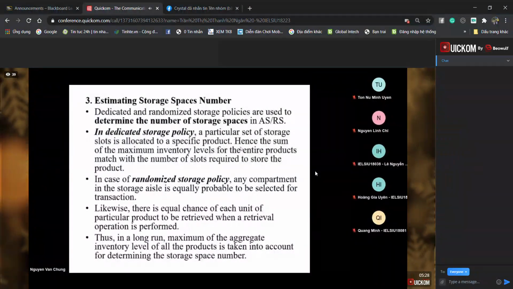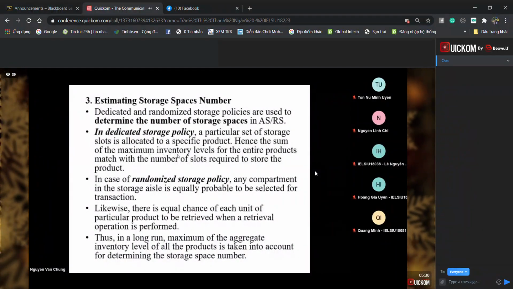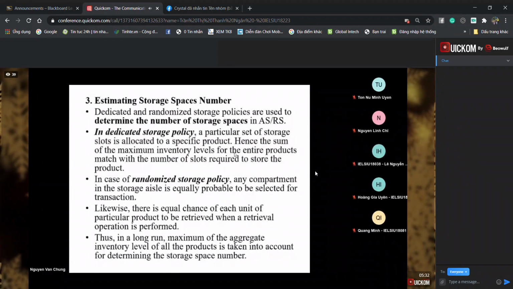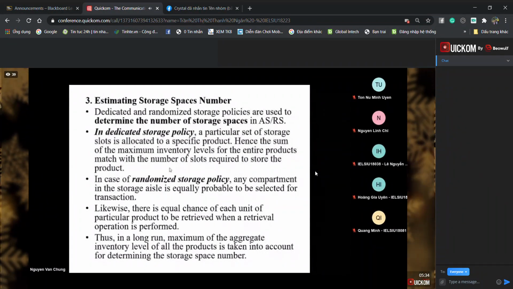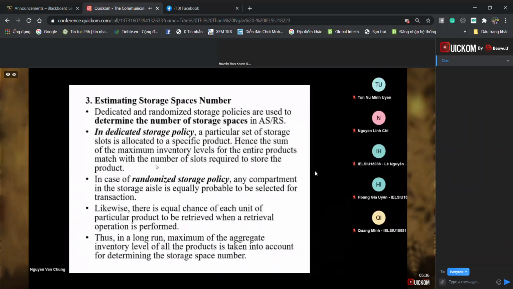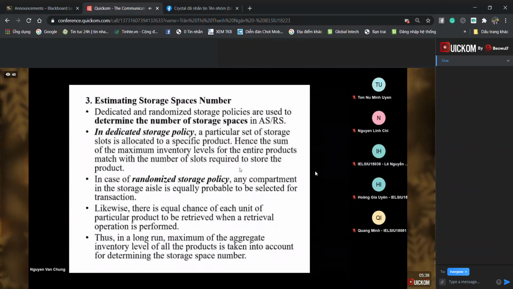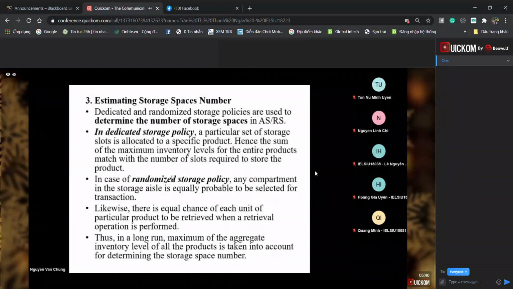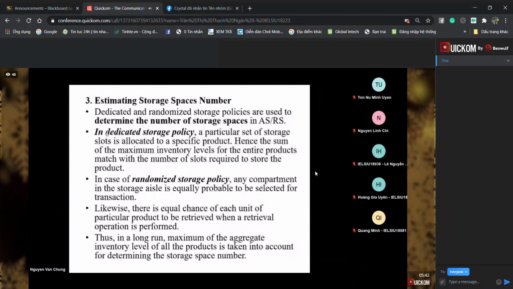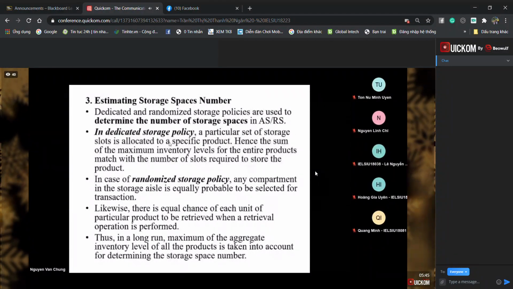Hence the maximum inventory levels for the products determine the number of slots required to store the product.